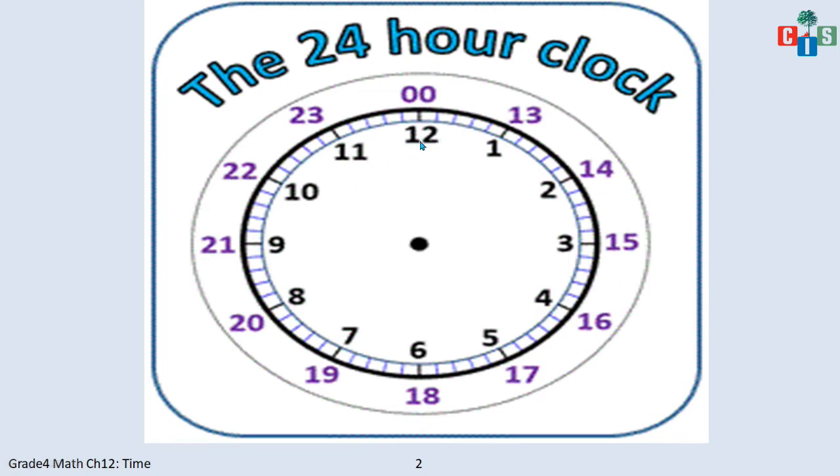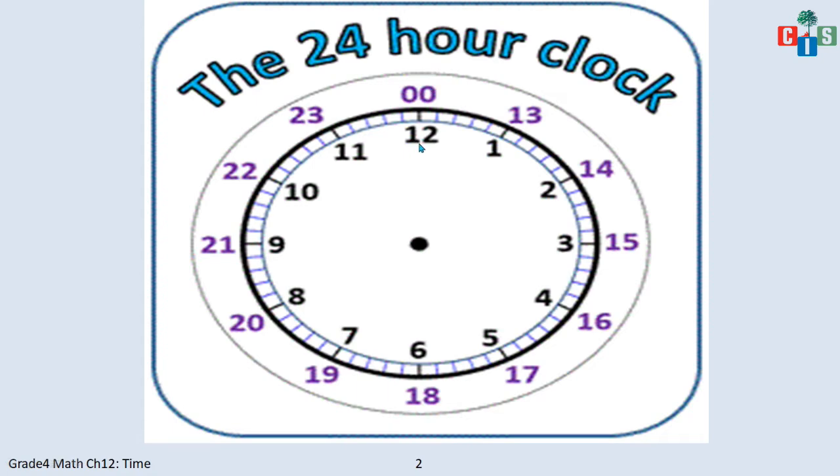So after 12, you will consider it as 13, then 14, 15, 16, 17, 18, 19 for 7, then 20 for 8, 21 for 9, 22 for 10, 23 for 11 and 00 or 24 for 12.